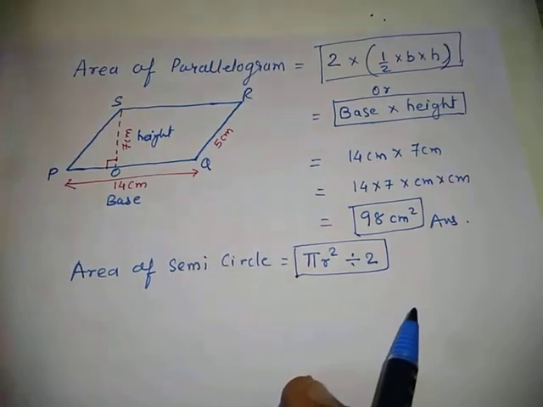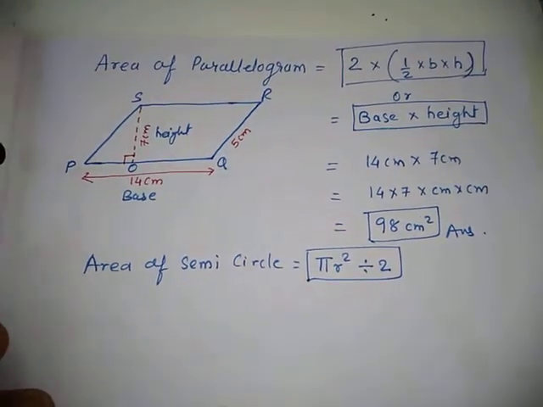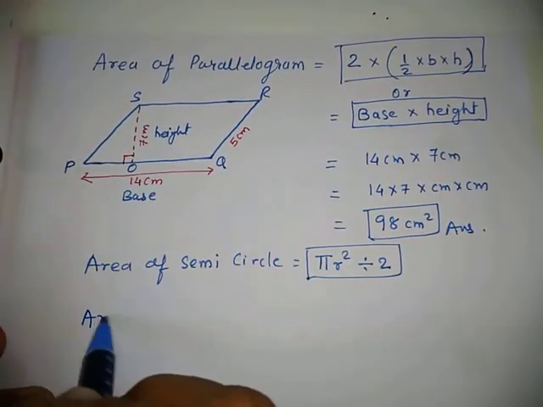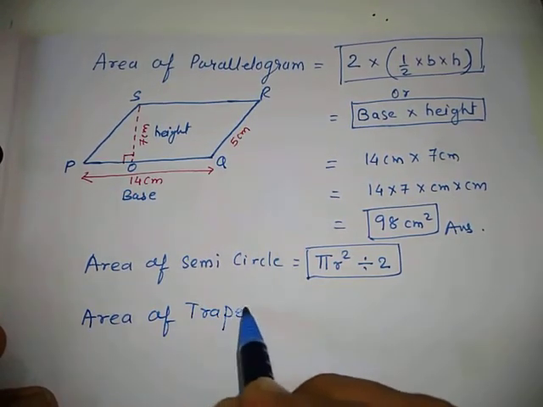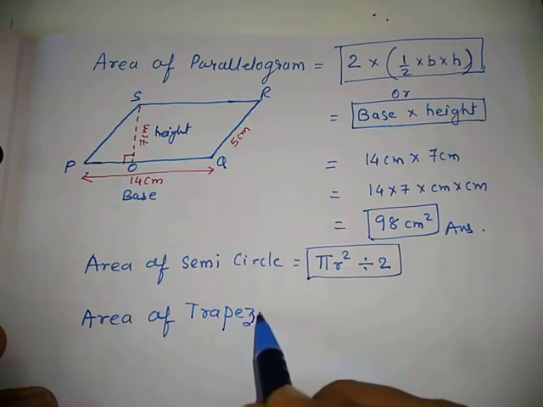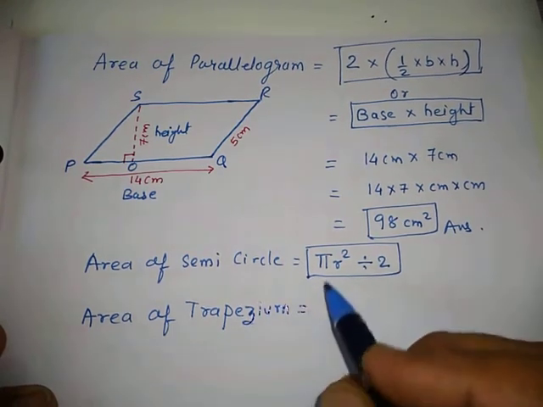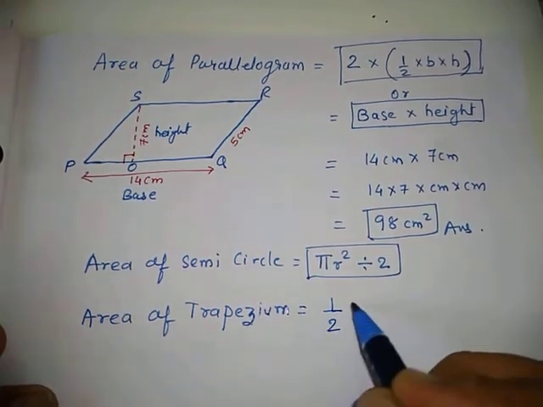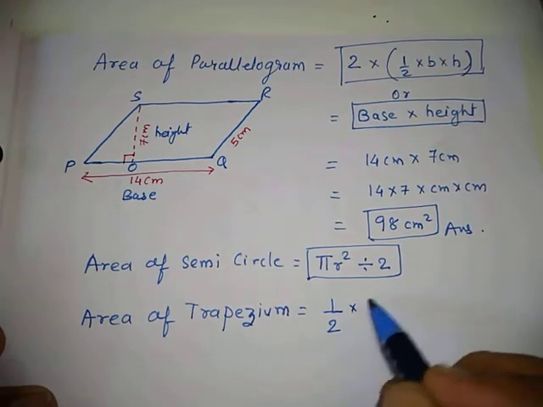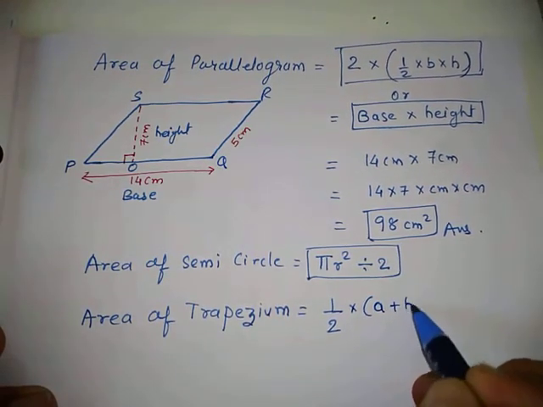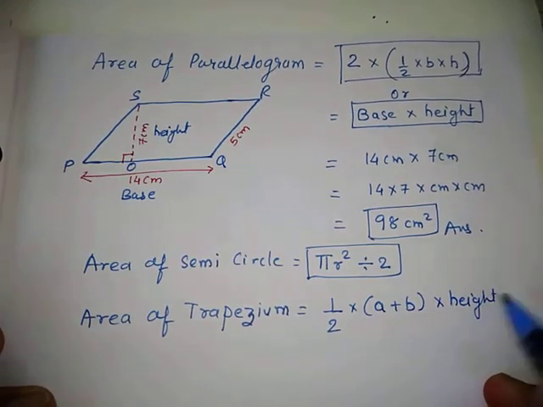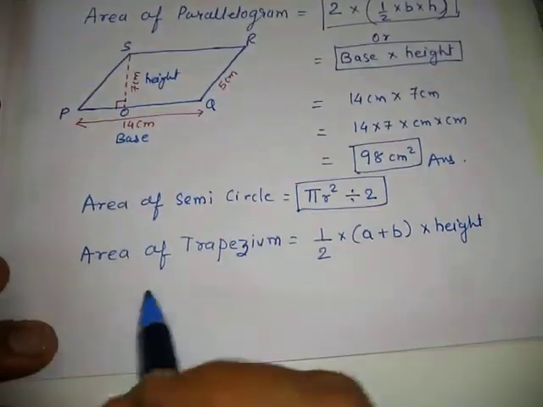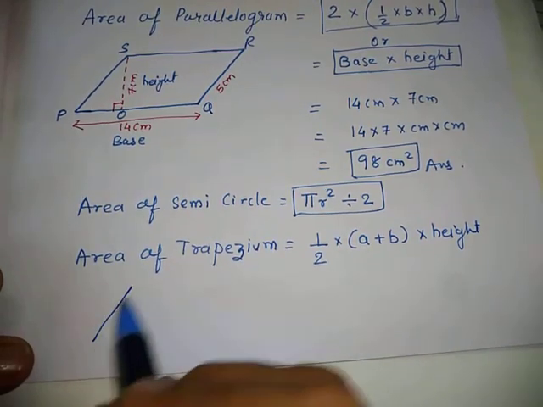Suppose the area of a trapezium is to be found. So a formula is required for the area of trapezium. The area of trapezium is half into a plus b multiplied by height. What is a and what is b? Suppose a trapezium is given to us.